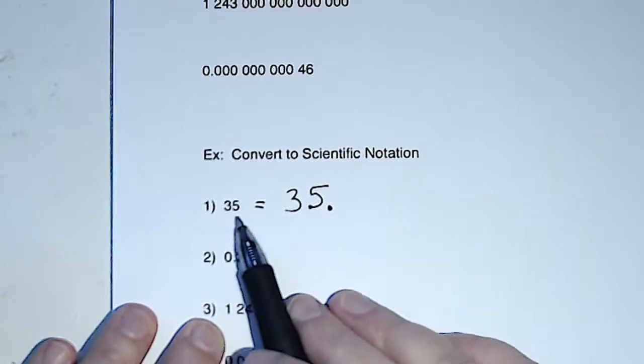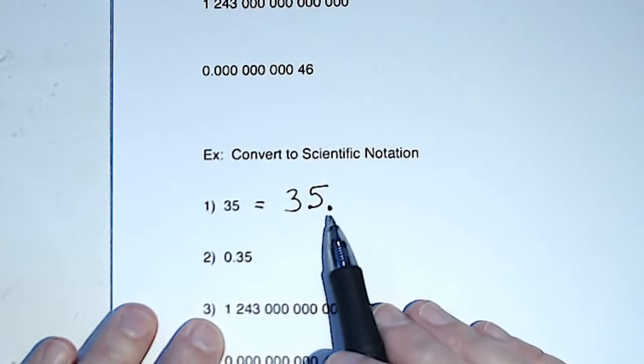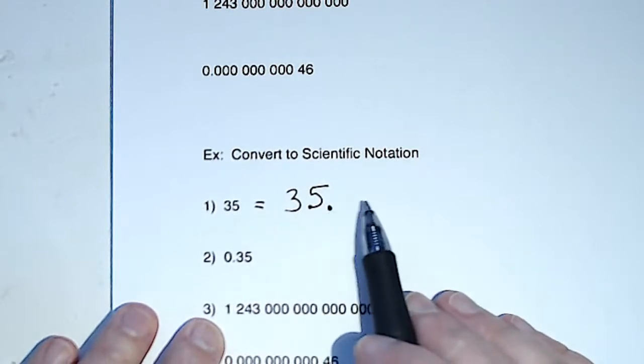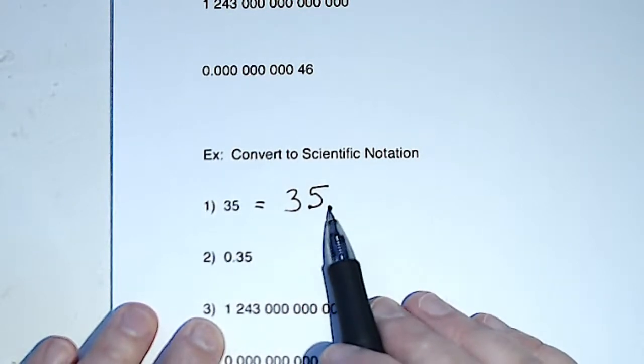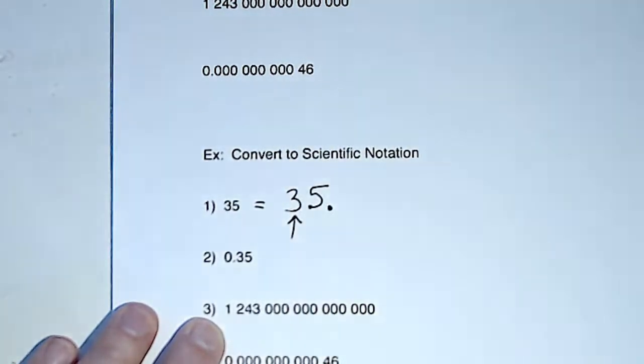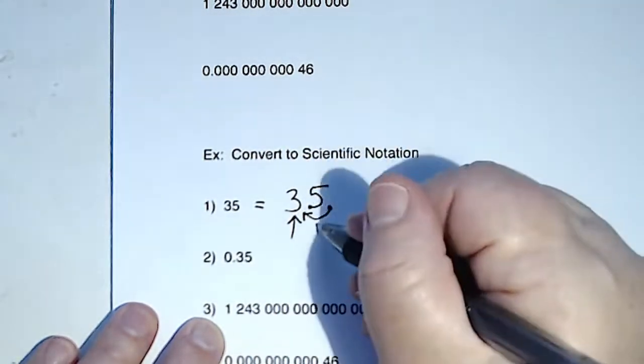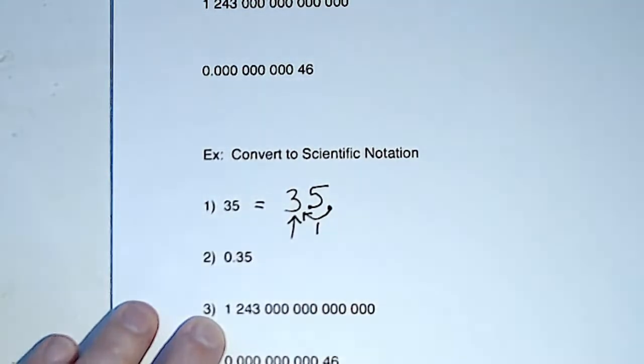If you do not see a decimal point, the decimal point is assumed to be at the end of the number. This is a whole number, 35, so it would be 35.0. I want to move the decimal point until there's only one digit to the left of the decimal point. So I'm going to move it this way, and I'm going to count how many spaces I moved it. I moved it one space.